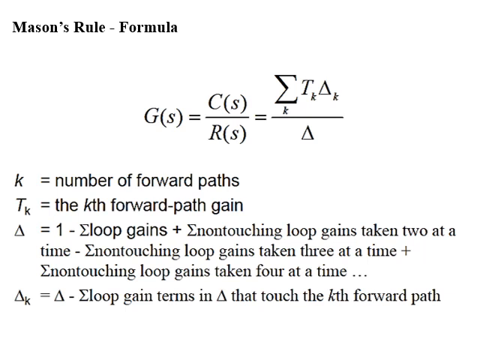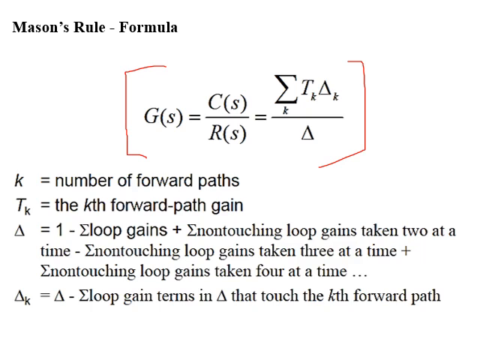Dear students, now we will apply Mason's rule formula to find out the transfer function for a given signal flow graph. In this formula, transfer function is equal to the sum of forward path gain multiplied by delta k, divided by delta.